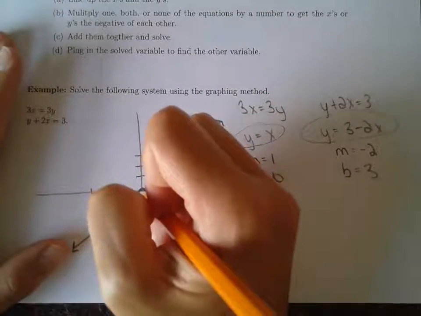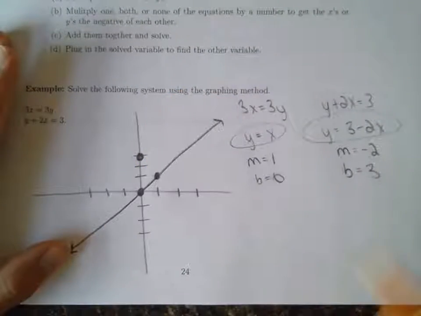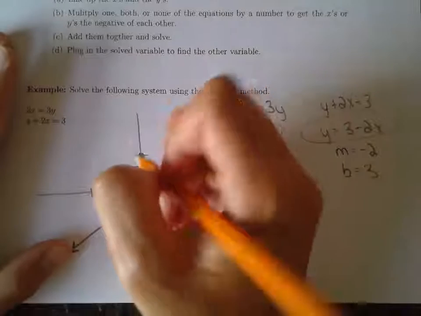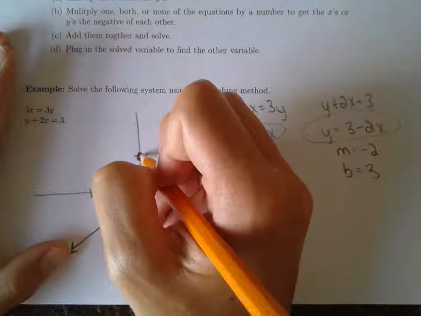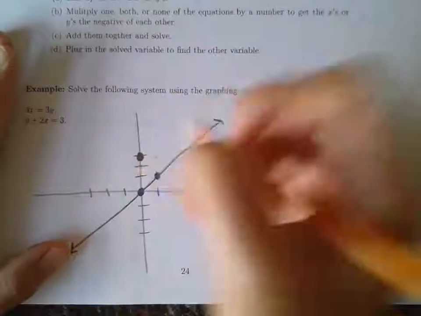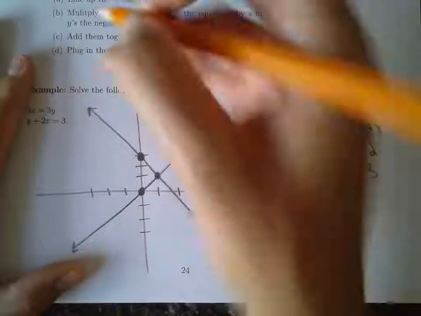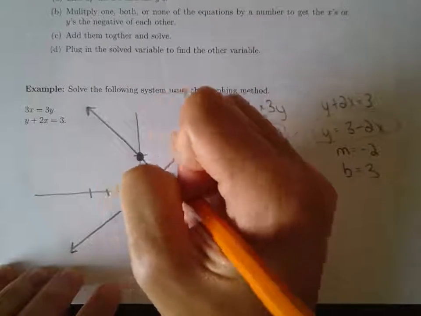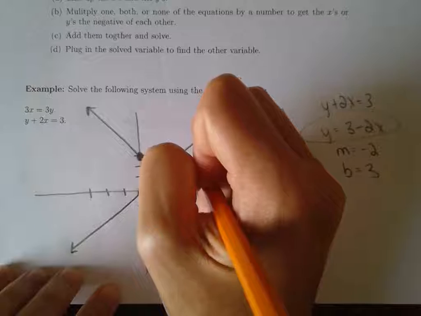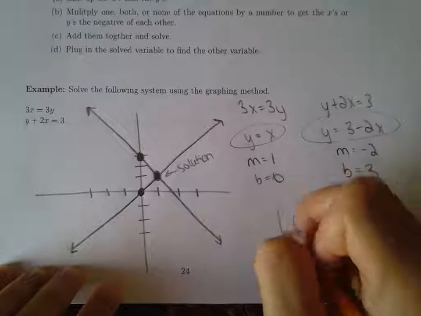So 0, 3, so 1, 2, 3. And then our slope is negative 2. So we have rise negative 2, run 1, which actually works out perfect. So you can see that this is our intersection point. This is the solution. So our solution is 1, 1.